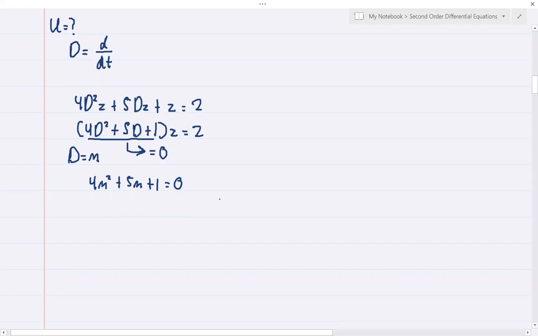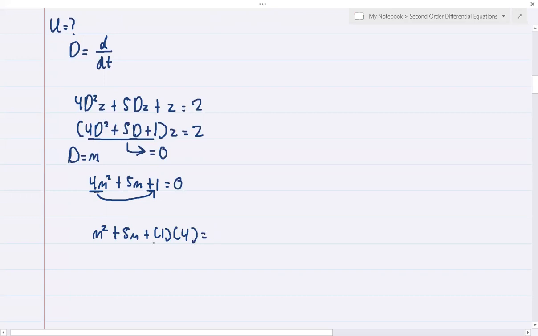So for me, I'm going to use a method of factoring, which is the slide and divide method. In this method, the first thing to do is this coefficient of 4, I'm going to slide it to 1. So I will have m squared plus 5m plus 1 times 4 is equal to 0.